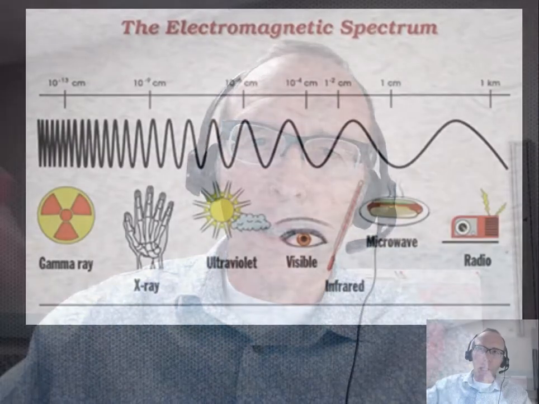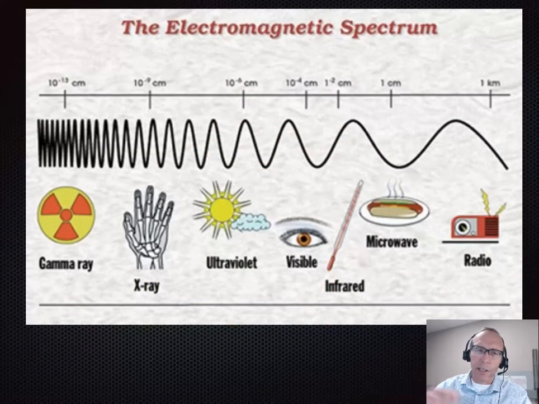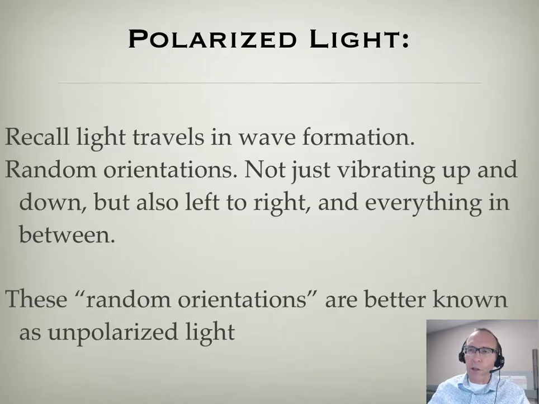So to get this topic started, we should think back to the previous video where I talked about white balance and color temperature, and in that previous video I talked about how light travels in waves, and so that's kind of the tie-in. That's why this topic is in week 4. But anyways, light travels in a wave formation. Okay, well, we learned that in the other video.